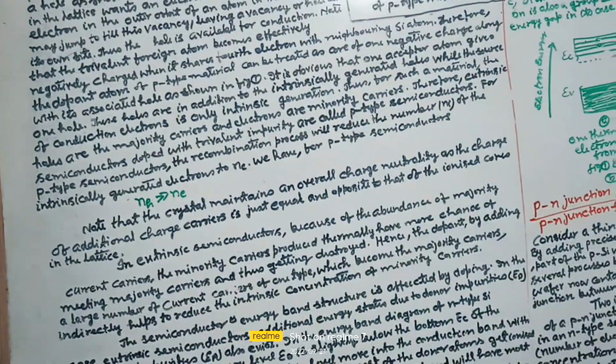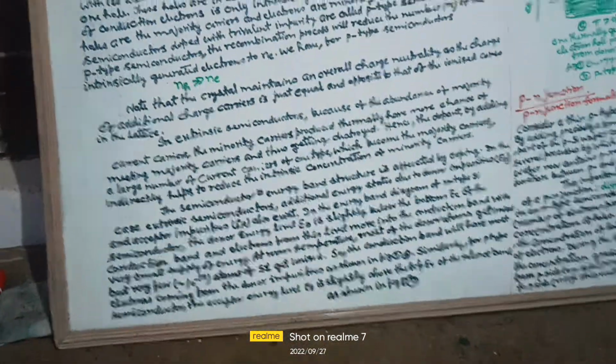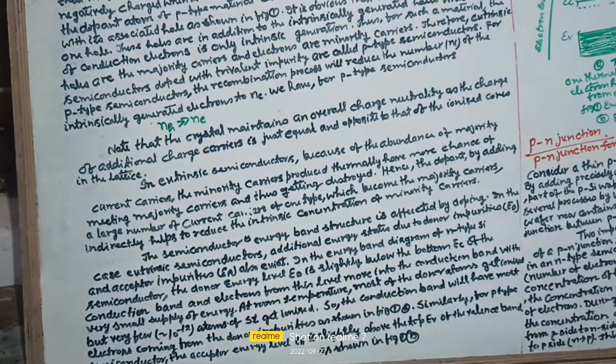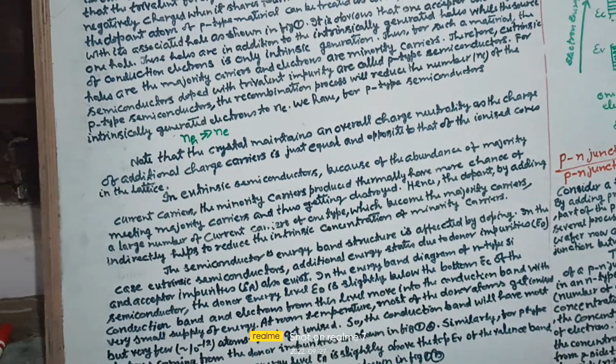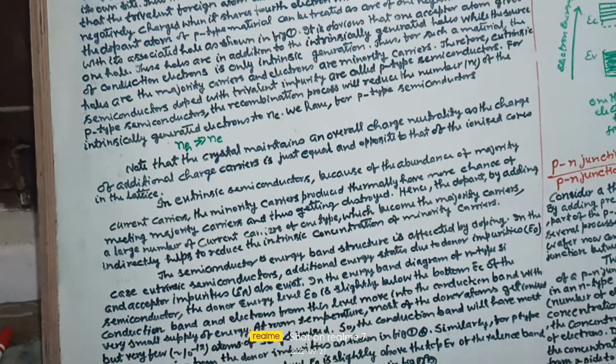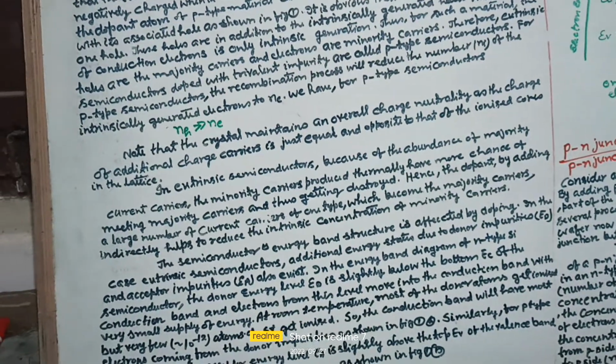Note that the crystal maintains an overall charge neutrality as the charge of additional charge carriers is just equal and opposite to that of the ionized cores in the lattice.